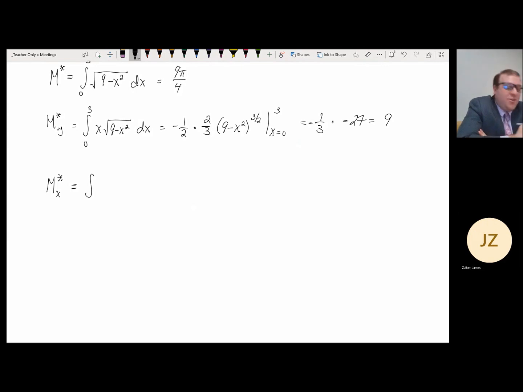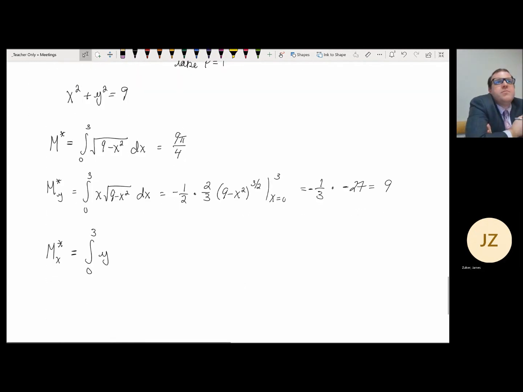Also 0 to 3. What would our function be? Which is precisely the same.